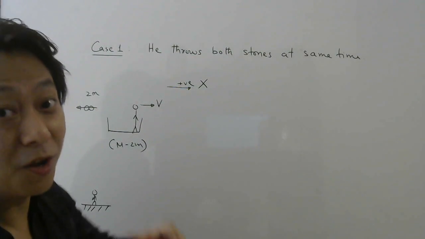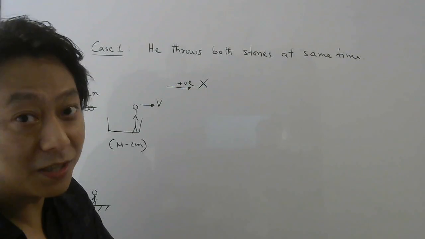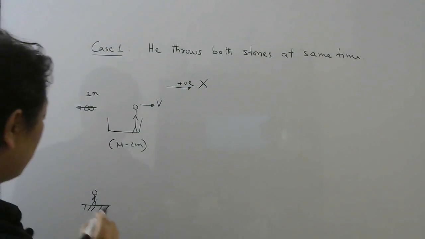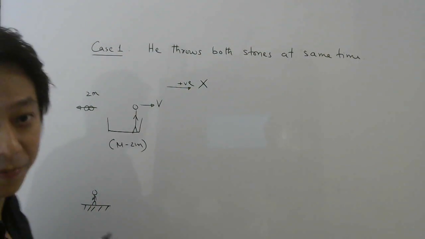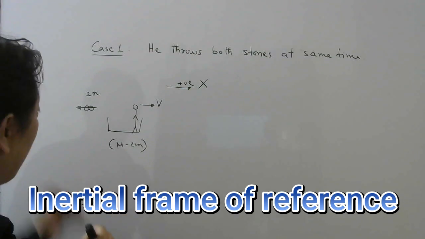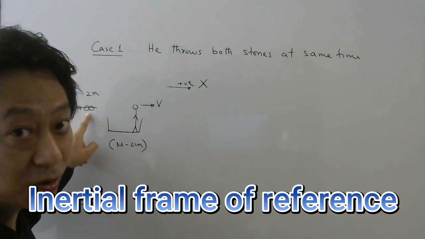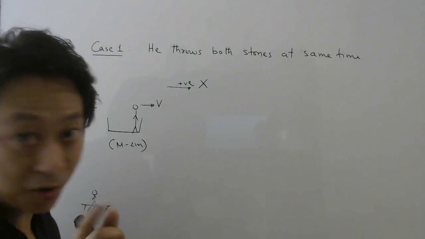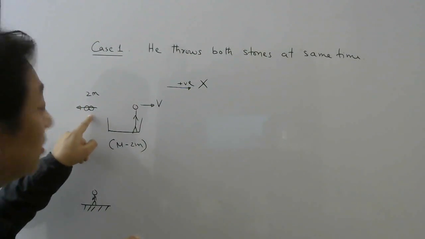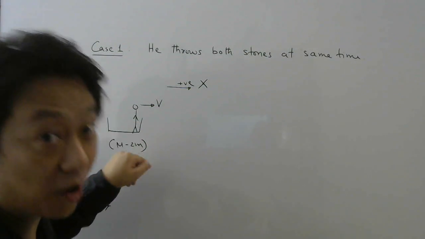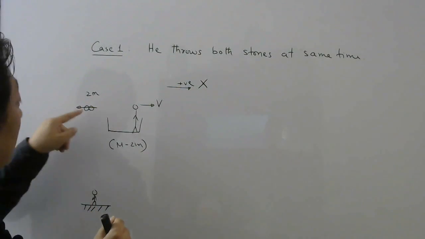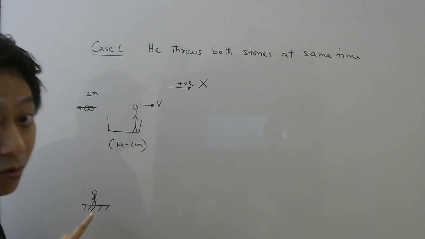Now remember students, whenever we apply conservation of momentum, we need to apply it from the ground frame, with respect to ground. And what is the velocity of the stone with respect to ground? Is it u? No. u was the velocity of the stone with respect to the boy. So now we need to first calculate the velocity of the stone with respect to ground.